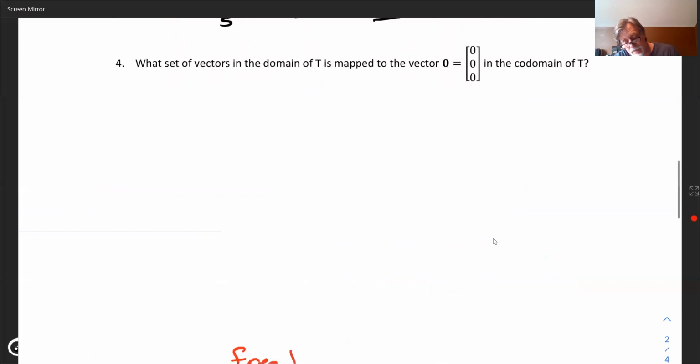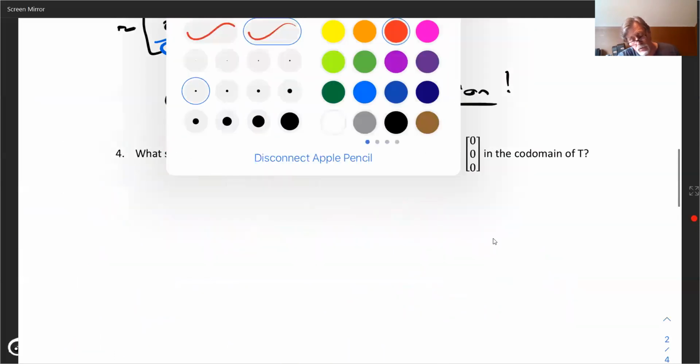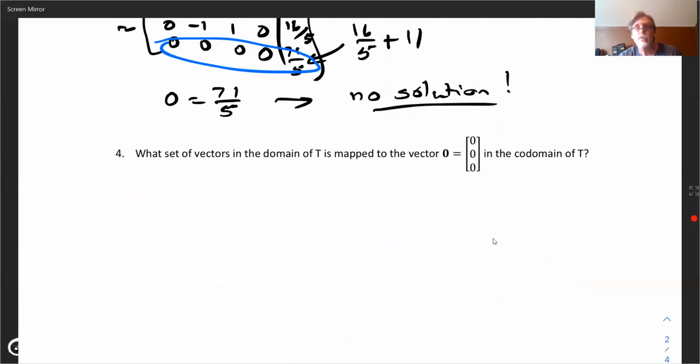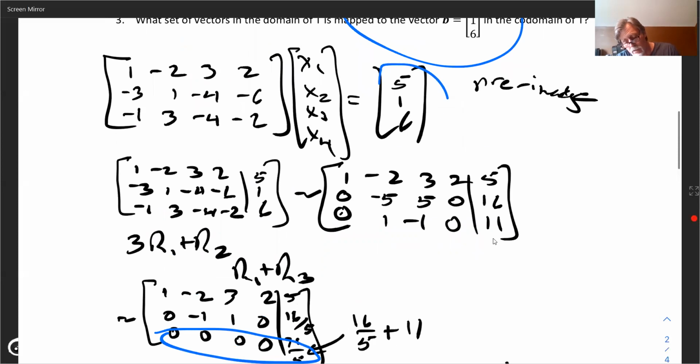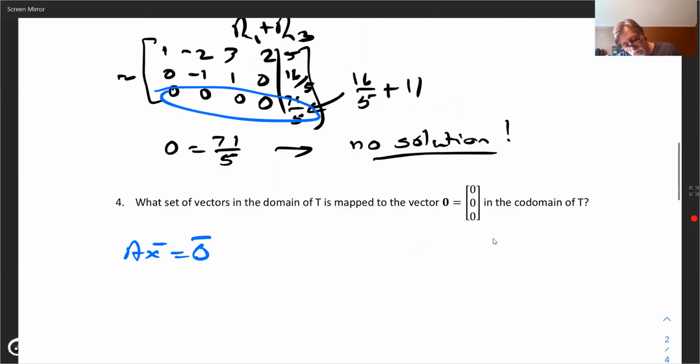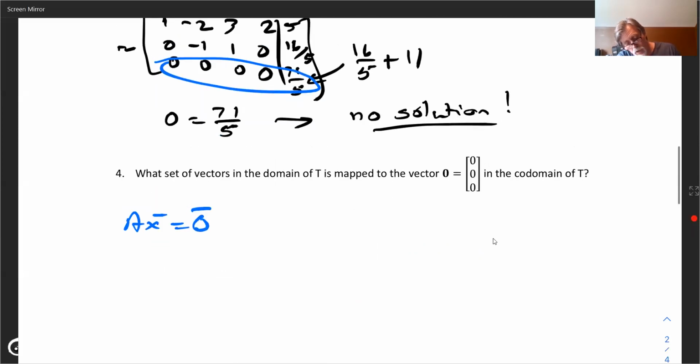So this question, in this last little demo, asks: what vector is mapped to 0? If you took AX equals 0 and tried to solve it, remember, when we do that, we put over here the vector 0, 0, 0. So the augmented matrix would be the same row reduction.